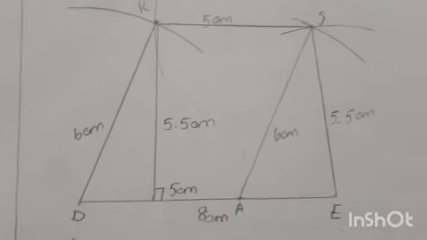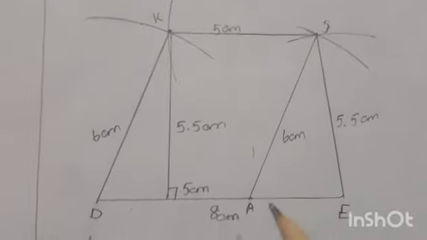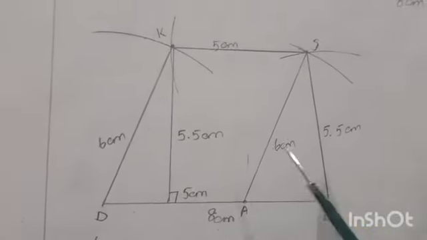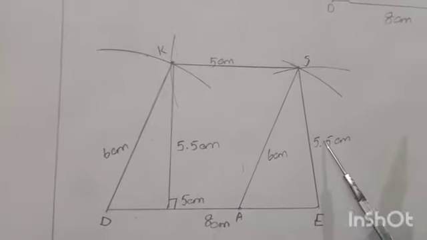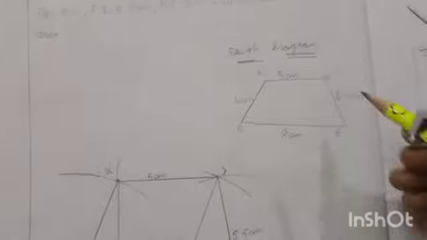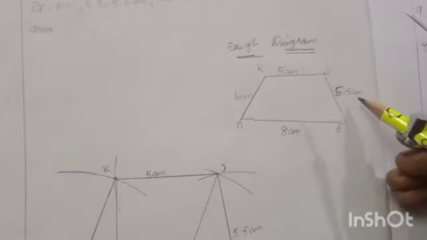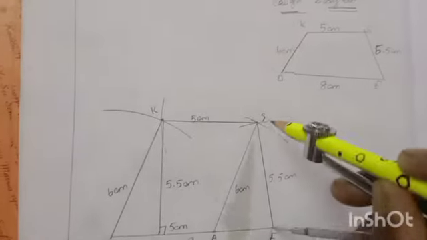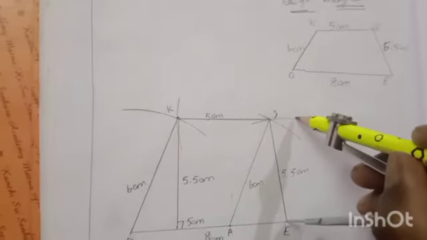then with A and E as centers, draw an arc of radius 6 centimeter and 5.5 centimeter. This measurement is already given, it is 5.5 centimeter. So with E as center, draw an arc of radius 5.5 centimeter.